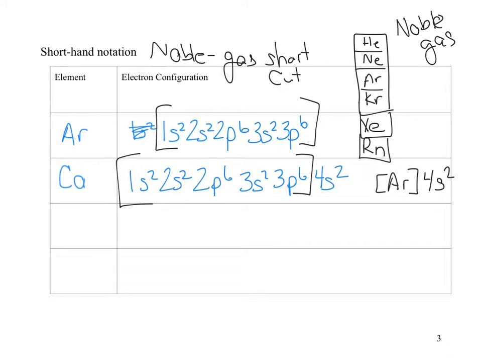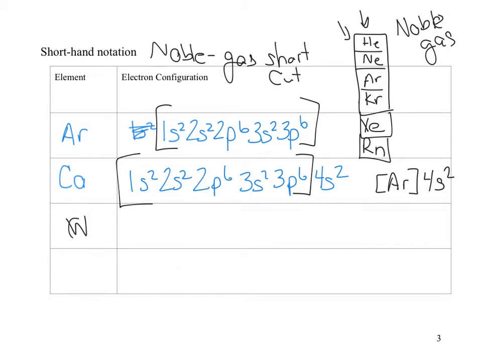And you can do that with any of the elements. You just find the noble gas, one of these guys, that precedes it, and then start with that in brackets and then continue on.